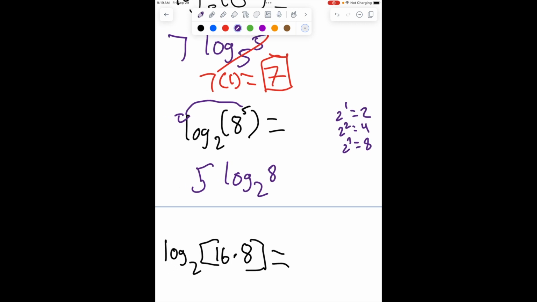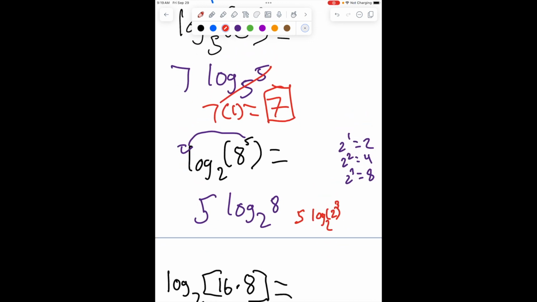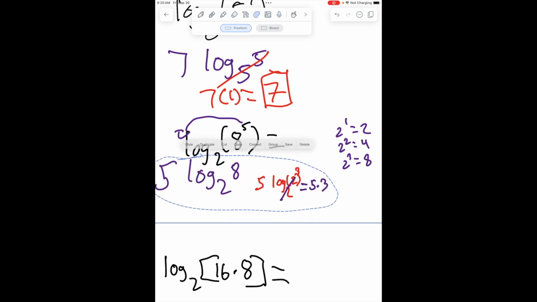So I'm going to rewrite this as 5 log base 2, and rewrite 8 as 2 to the third, which, like we just talked about above, when I have the same thing, it's going to cancel out. So really, I'm left with 5 times 3, which is going to give me an answer of 15.